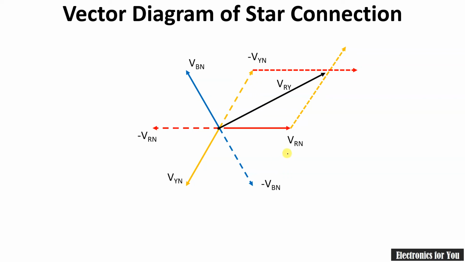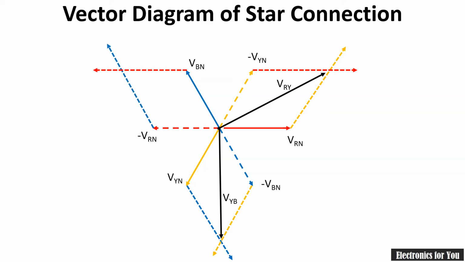Note here that VRN, VBN, VYN, all these are our phase quantities. Now again, let us have a parallel line over here for this yellow and for this blue, and if we connect it, again we have this. Now the resultant can be VYB, just like this.